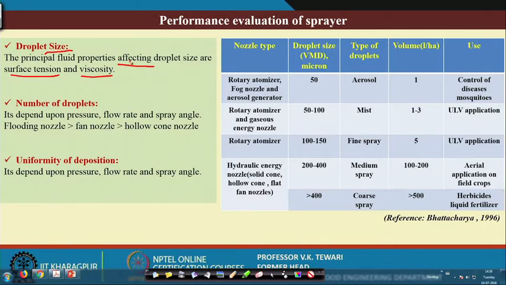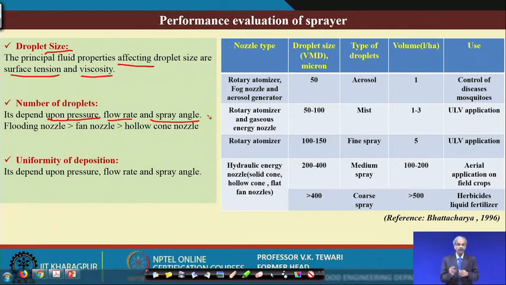Depending upon the pressure, the flow rate and the spray angle, it has been found that flooding nozzles, which simply throw or spray in a jet form, give larger droplets than fan nozzles, which in turn give larger droplets than hollow cone nozzles. That means the droplets from flooding nozzles are larger than these others.